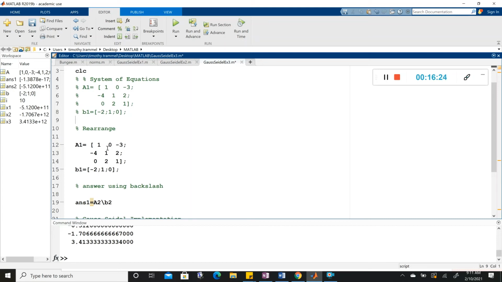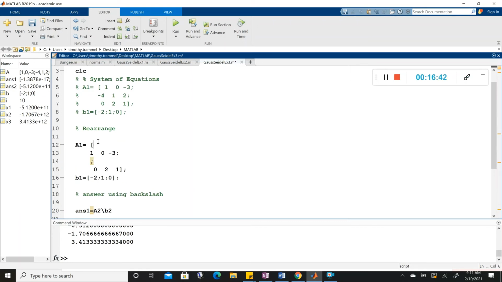Okay. And if we look here, this is the biggest diagonal in column 1. So it would be nice if this was in row 1. Let's do that. Row 1. Okay.